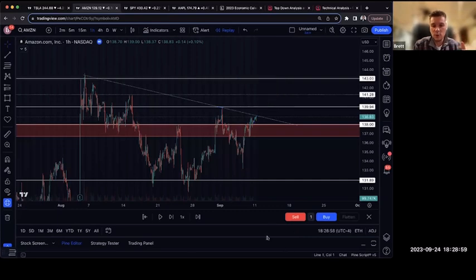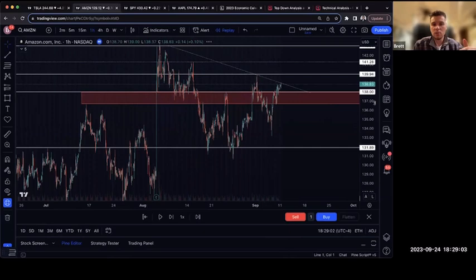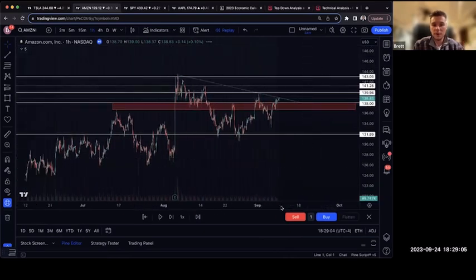The reason why I'm doing this is because we have a very clear bullish hold here. We are holding these swing lows, and we are attempting to reclaim these swing highs for a move higher.